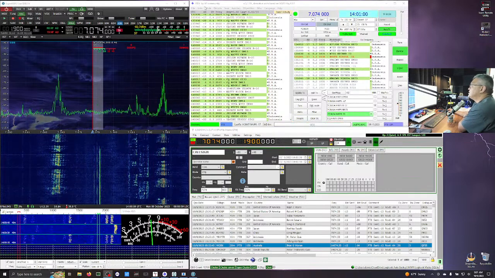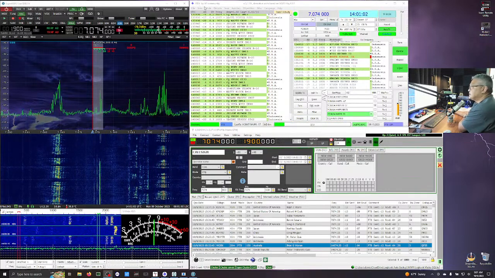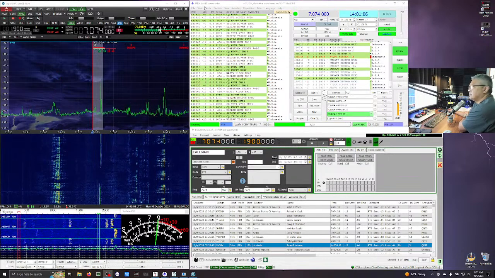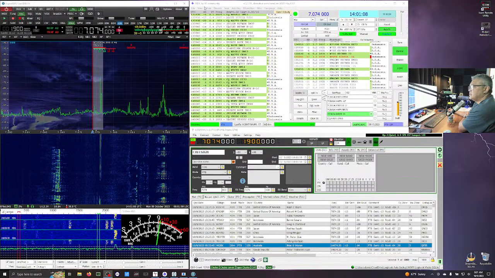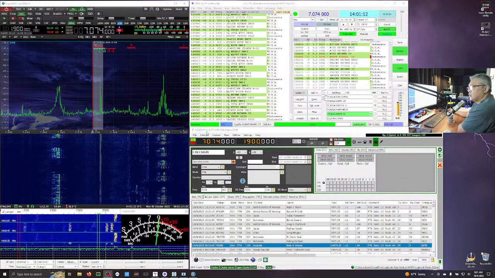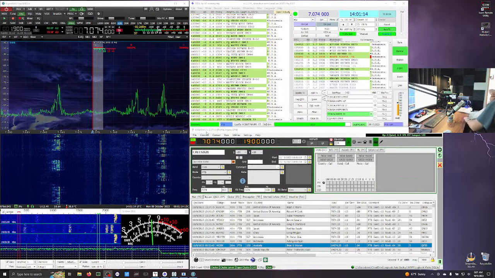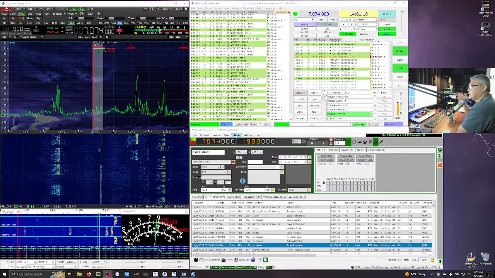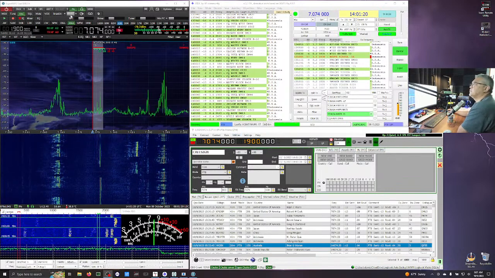I chose this because it has, I think, TCI or TCP. And then my logging program is Log4OM. Excuse the cough. Real quick, just to show you my setup.